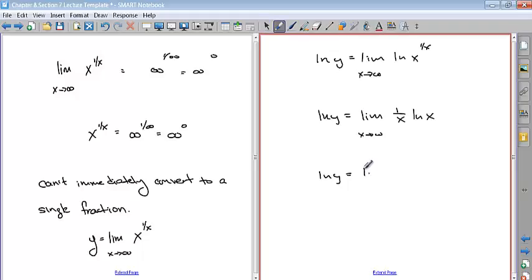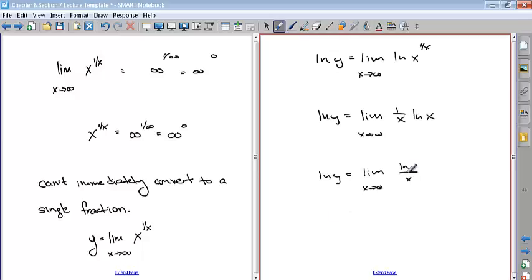Okay, so we're going to take the limit as x goes to infinity. So let's see what we got here. You get the natural log of x over x. Okay, so you'll see you get infinity over infinity.